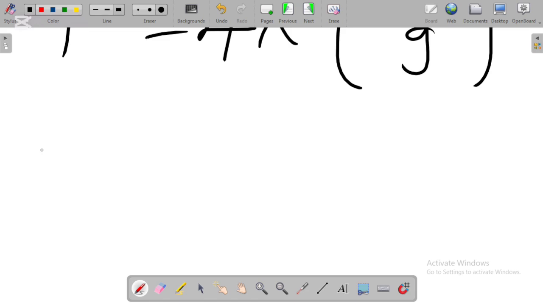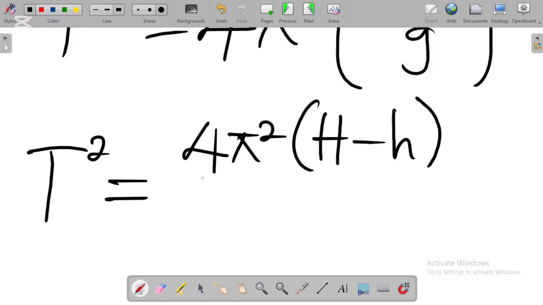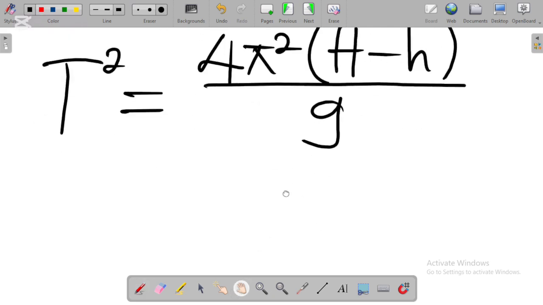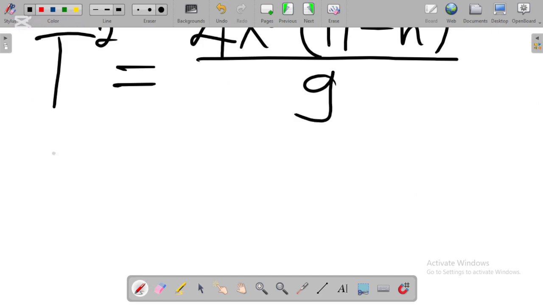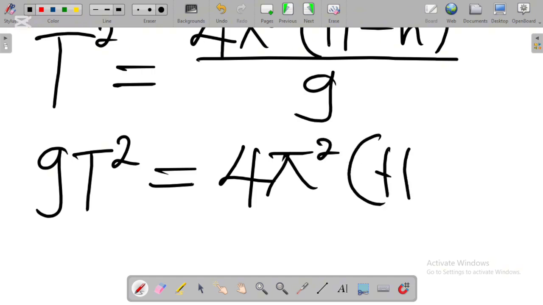Alright, so this can be written as T square is equal to 4 pi square, open bracket, capital letter H minus small letter h all over G. So at this point, we are going to cross multiply. So if we cross multiply, we would have GT square is equal to 4 pi raised to power 2, open bracket, capital letter H minus small letter h, and then you close the bracket.